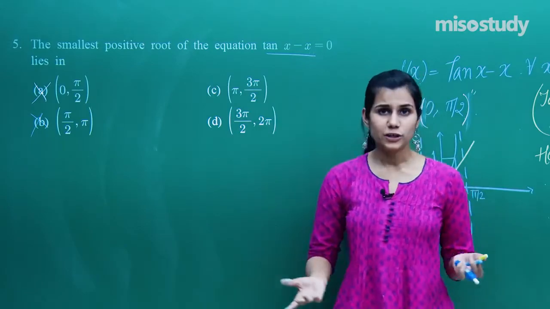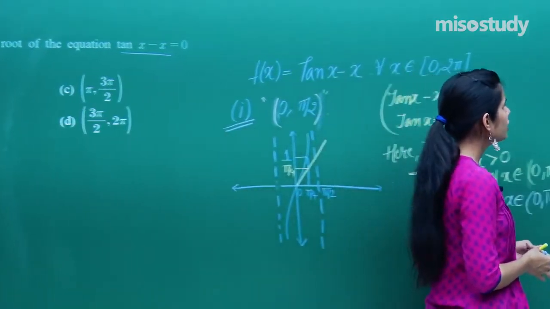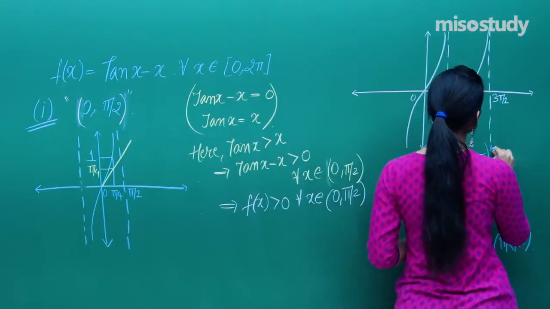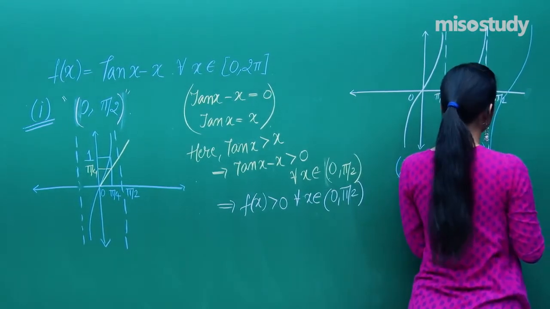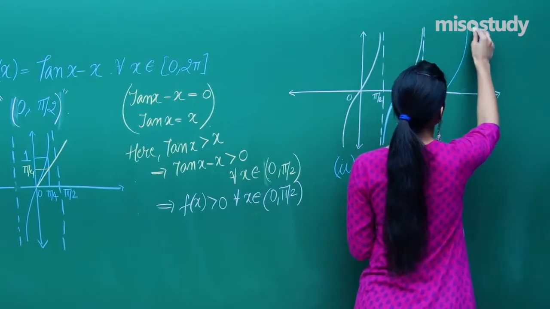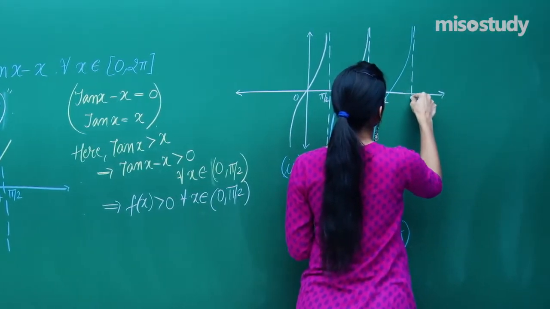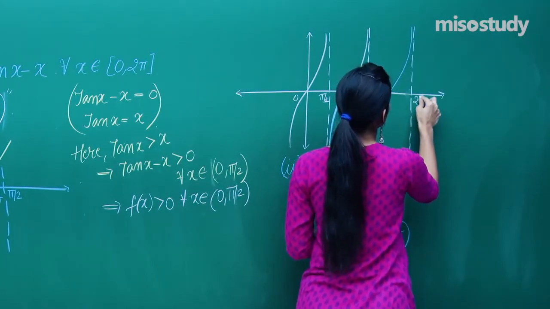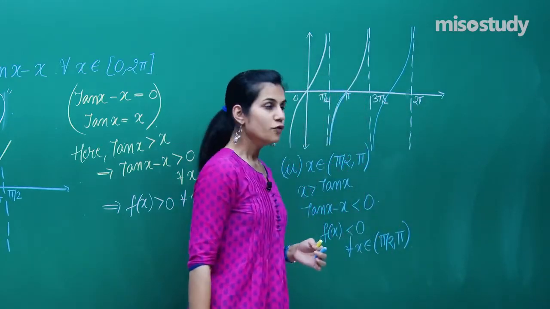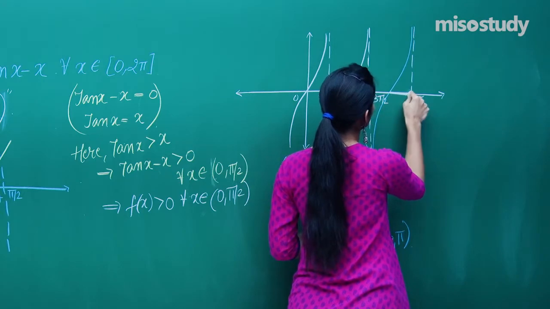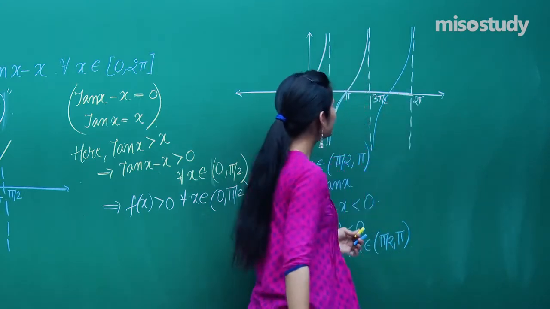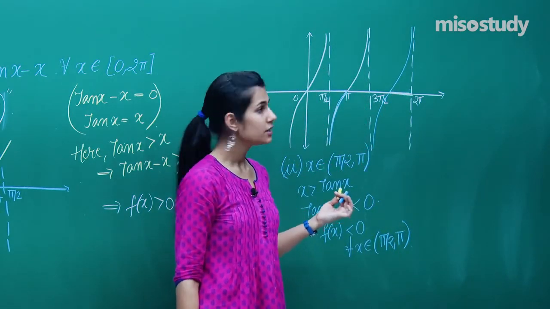Let's see 3 pi by 2 to 2 pi. This is your 2 pi. From 3 pi by 2 to 2 pi, what is happening to the graph?